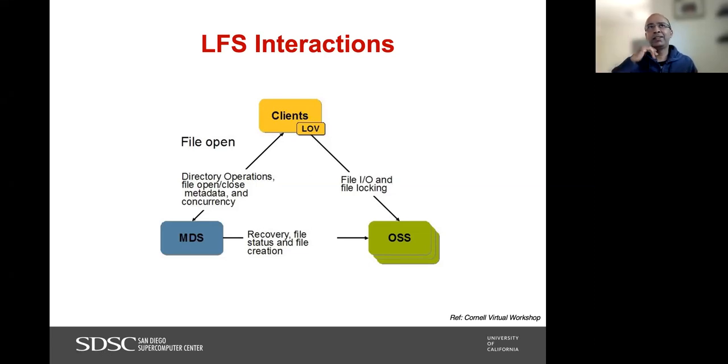Say you open the file and start writing into it, it'll first get some information related to the OSS, and it'll start writing to the OSS directly. So that is the way it works. Given that you know the flow of operations, you should be aware of what kind of operations you shouldn't do. For example, you shouldn't just keep opening and closing files every second. Then it will cause issues with the MDS, which will eventually cause Lustre issues.